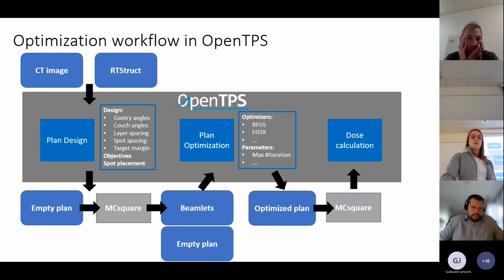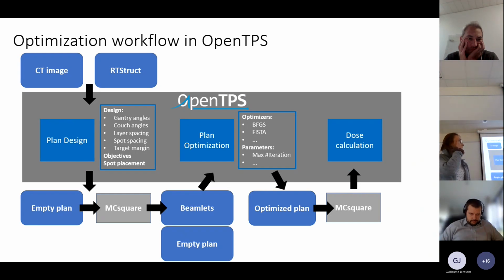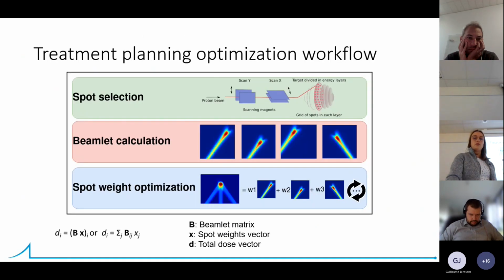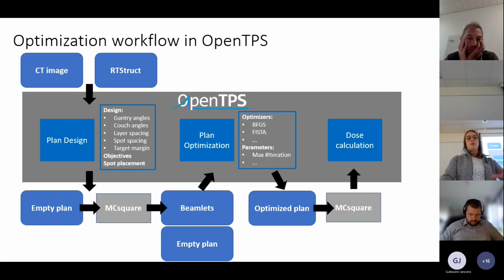So this slide you have already seen if you were attending the demo that we did 2 months ago. The idea is that we have reproduced these 3 stages in our OpenTPS software. And as you can see, what do we need for optimization? We need the CT image. We need the structure, the RT struct.